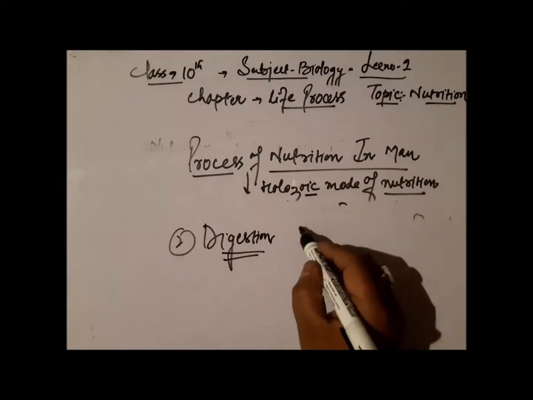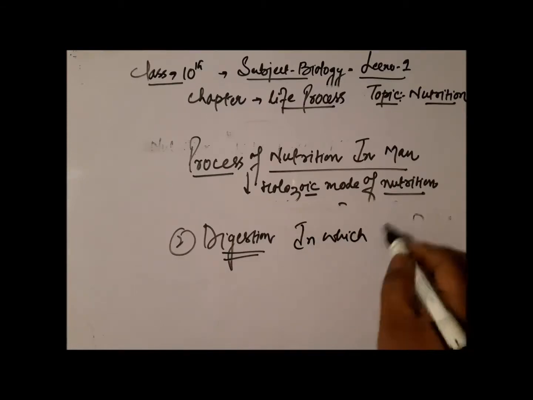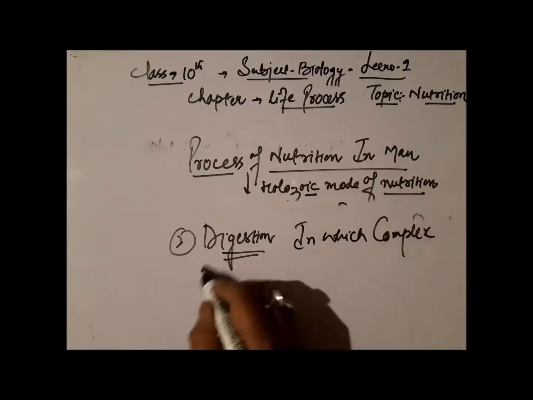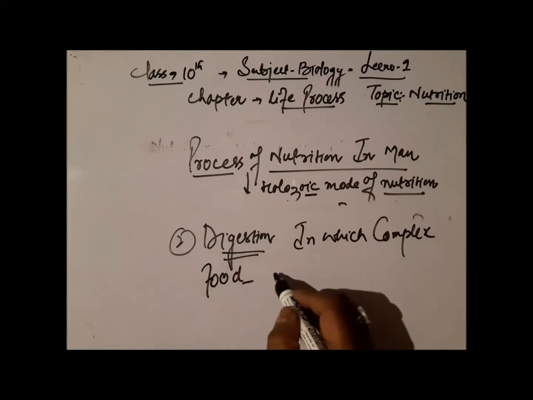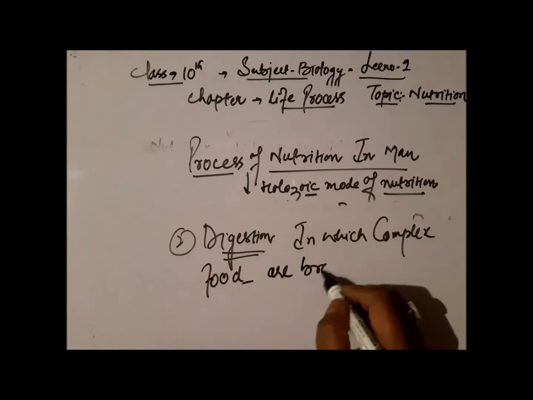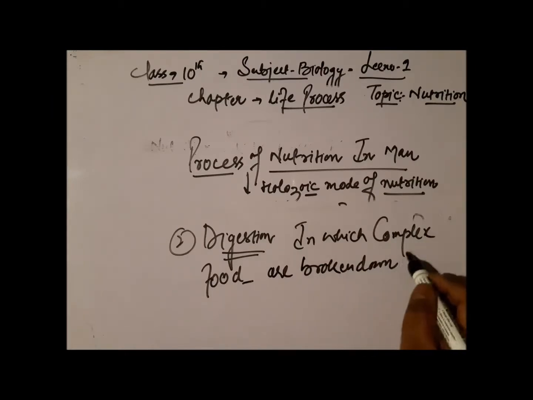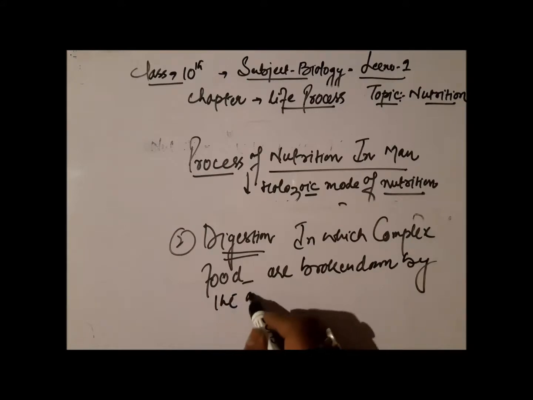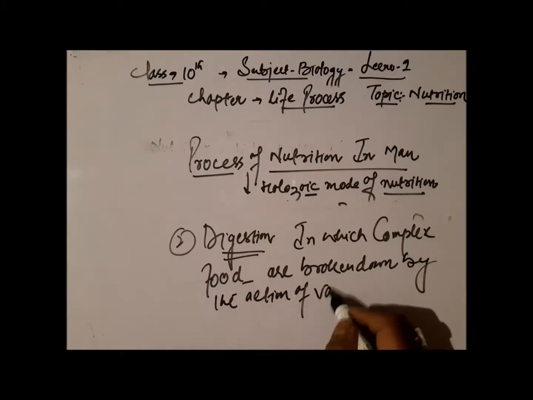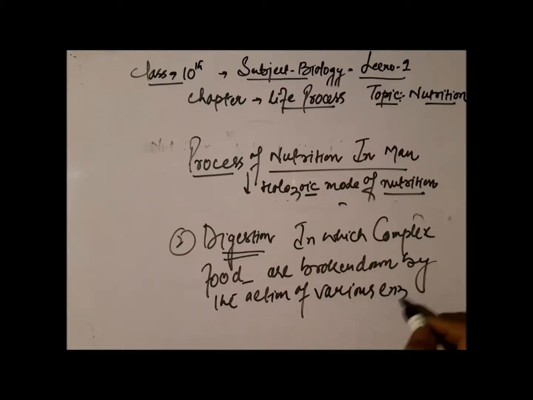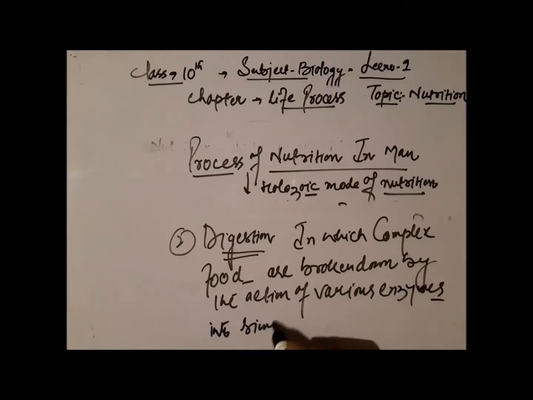It's a process in which complex food is converted, or broken down, by the action of various enzymes into simpler, soluble substances. Why simpler soluble substances? Because they can be absorbed.